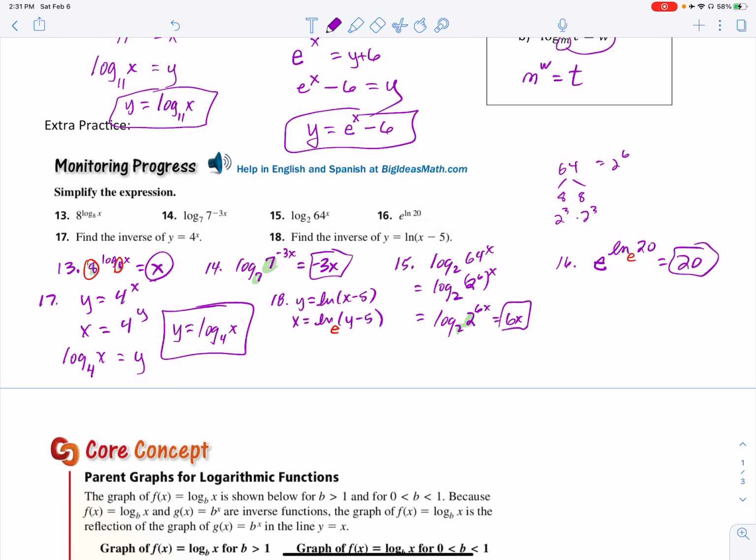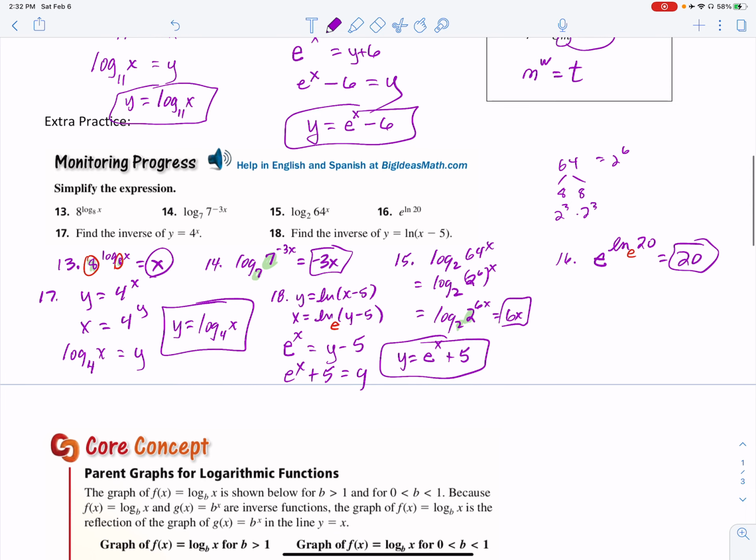So I have e raised to the exponent, which is the output of the logarithm, equals that argument. And so I get e to the x plus 5 equals y. So y is equal to e to the x plus 5. And that is the inverse for 18. Hope you did okay.